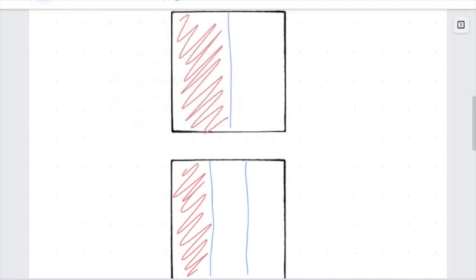Now, let me draw that in. So my one down the bottom, I can split this up into 6 bits here. And this one here, I can do the same to. Now you can see these two look a lot more similar. They're speaking the same language, right?